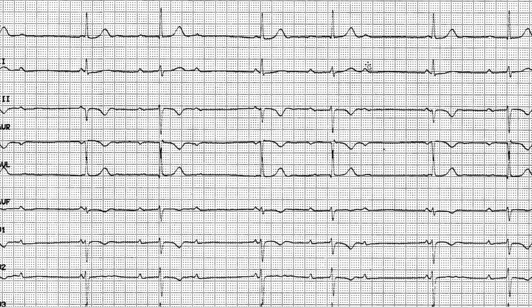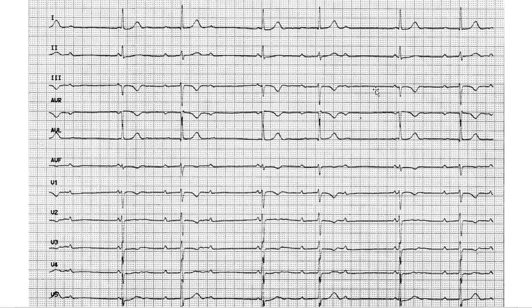These are clearly P waves, and it's not like jiggling. You wouldn't say this is fibrillation, because I can clearly tell that these are P waves.